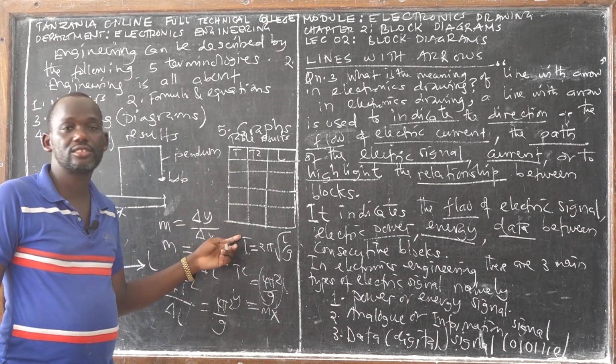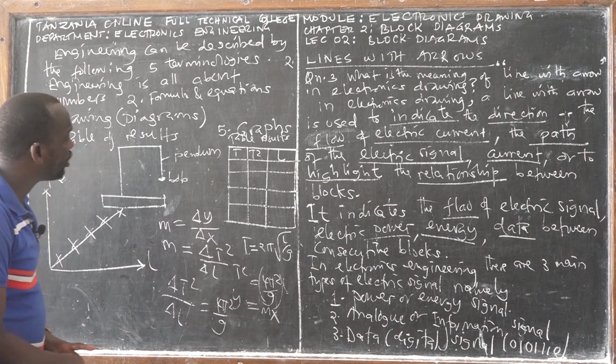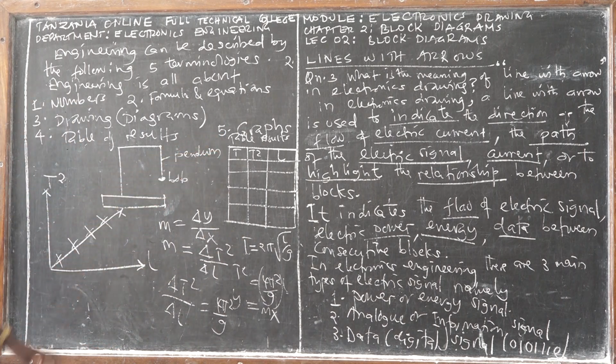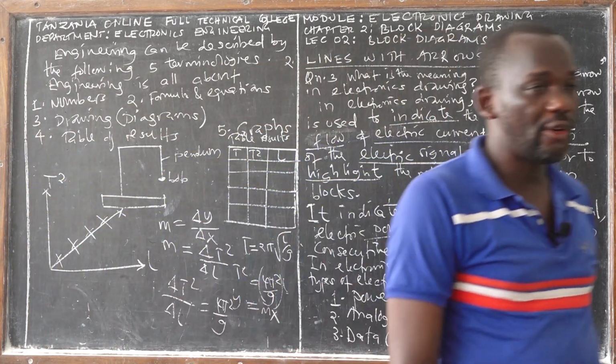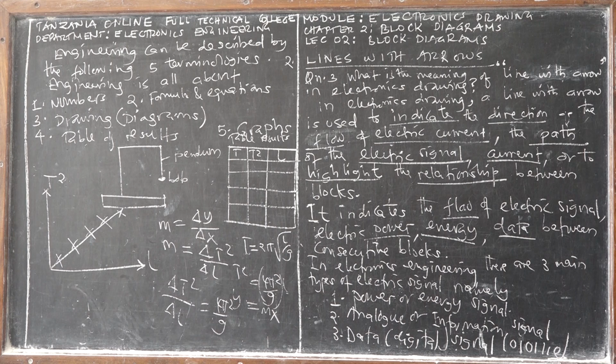This is the table of results. Engineering is all about graphs. This is the graph. So if you agree that engineering is all about numbers, tables of results, diagrams or drawings, formulas and mathematical equations, and graphs.